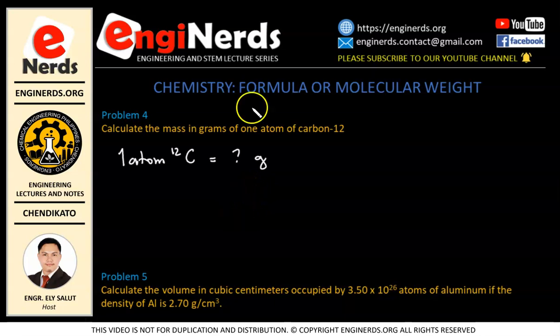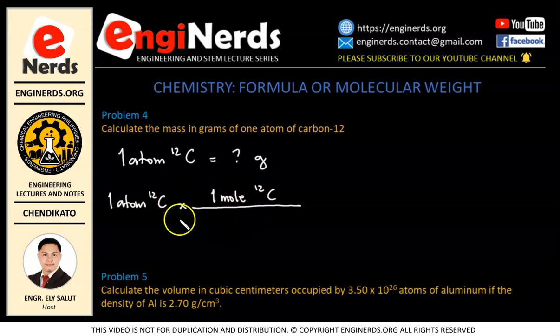To begin, let us first write our given, in which we have one atom of carbon-12. Then we learned from our previous lecture Avogadro's number, which states that for every 1 mole of carbon-12, we have 6.02 times 10 to the 23 atoms of carbon-12, right?